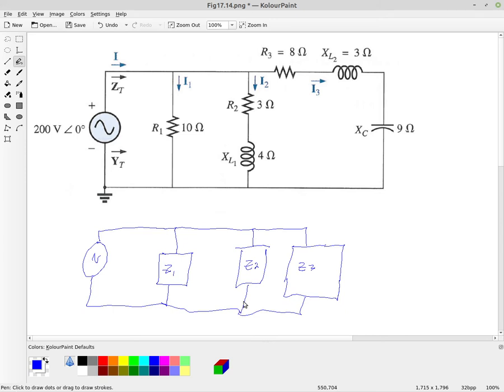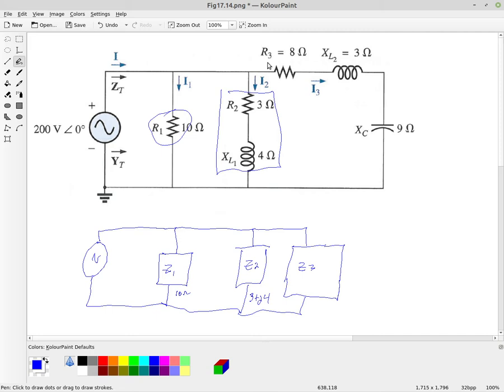Alright, so looking there then, our first impedance is simply the resistance. So Z1 is simply 10 ohms with no phase shift. Z2 is 3 plus J4.